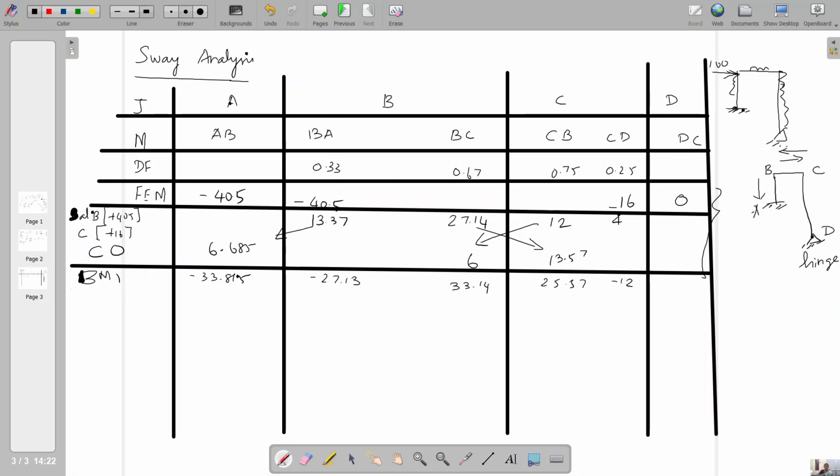Again, you try to balance B with the value minus 6, C with the value minus 13.57, and you multiply it with the corresponding distribution factor, and minus 1.98, minus 4.03, minus 10.18, minus 3.39, and carry over to the nearest joint, fixed joint only, and carry over as minus 2.015, minus 5.09.